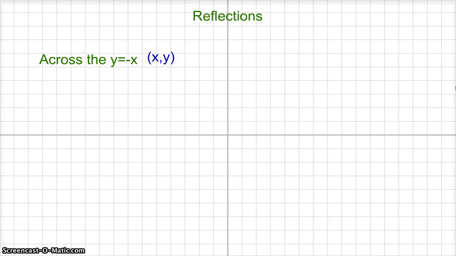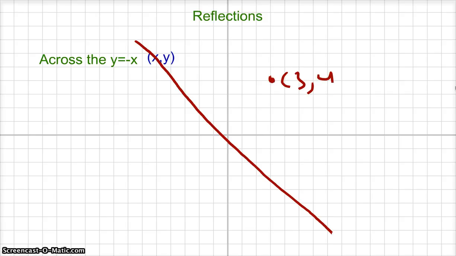Okay, y equals negative x is pretty much the same, except it goes the other direction. Let's say I was at 3, 4. I would still go the perpendicular distance away from that line and go in the same direction. Again, it needs to be a better line. So I would end up at 1, 2, 3, 4, 1, 2.